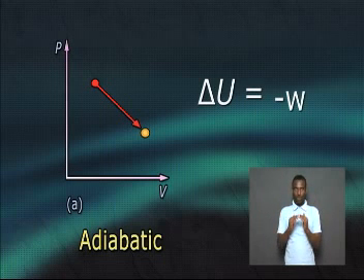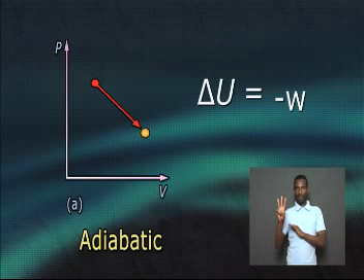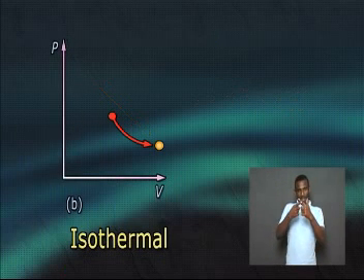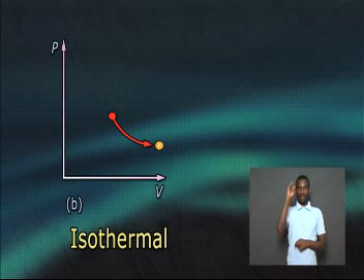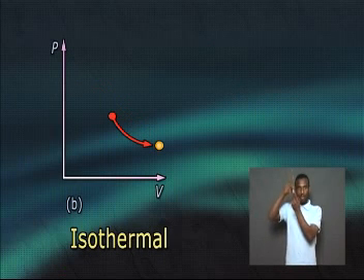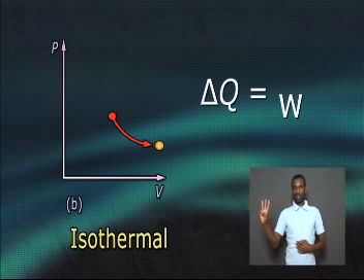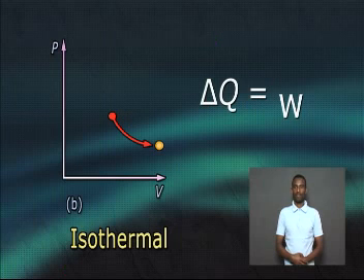Thus, the equation is delta U equals negative W. The second diagram is an isothermal increase in pressure. The equation for an isothermal process is delta Q is equal to W.